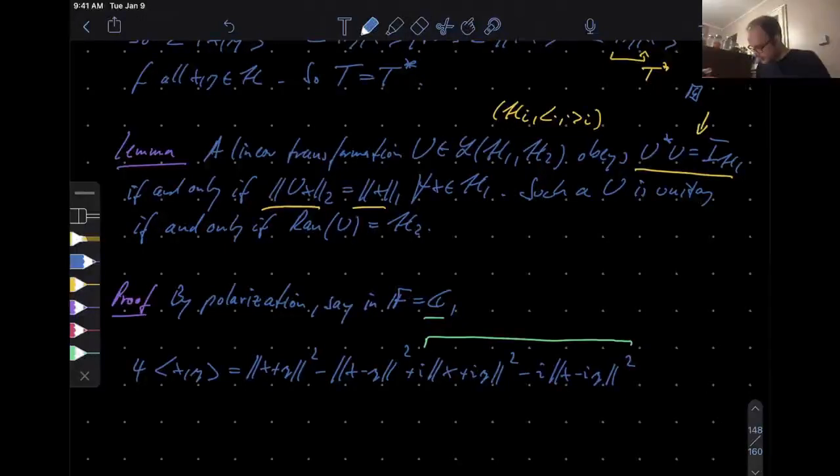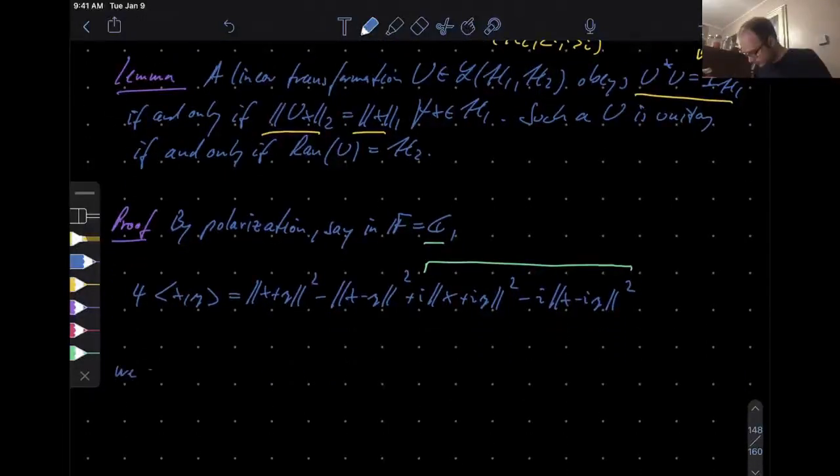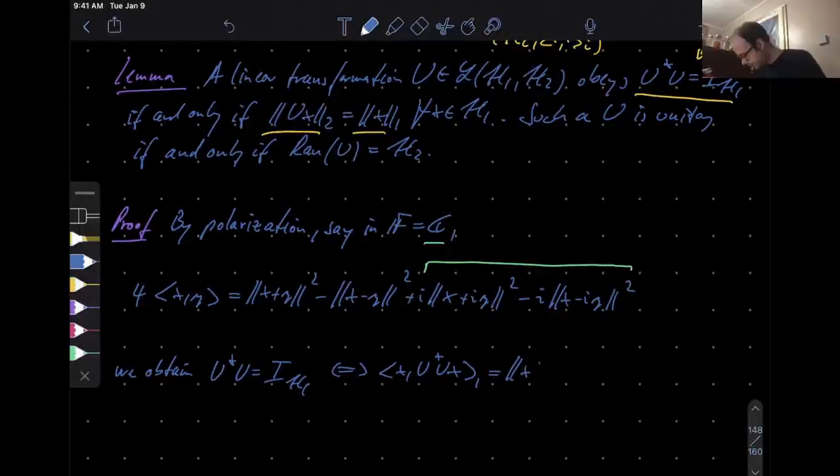All right, now using this, I claim we obtain that u star u is the identity on H1 if and only if the inner product in the first space of x with u star ux is equal to the norm squared of x for all x in H1. So why is this true? Well, first let's think here.